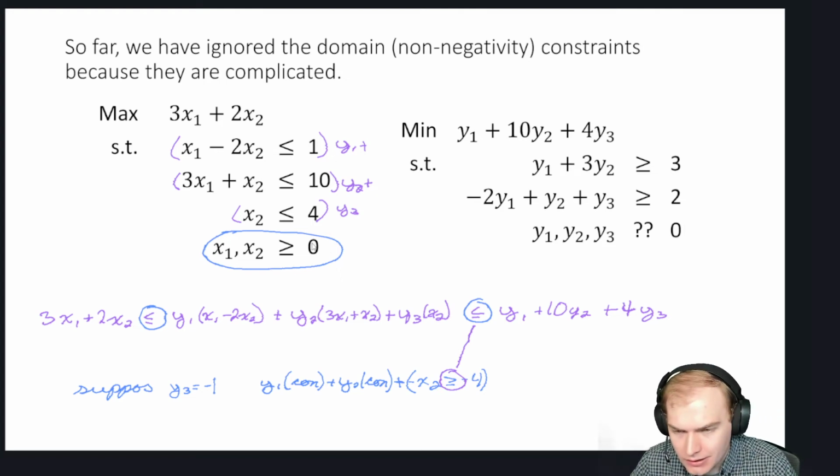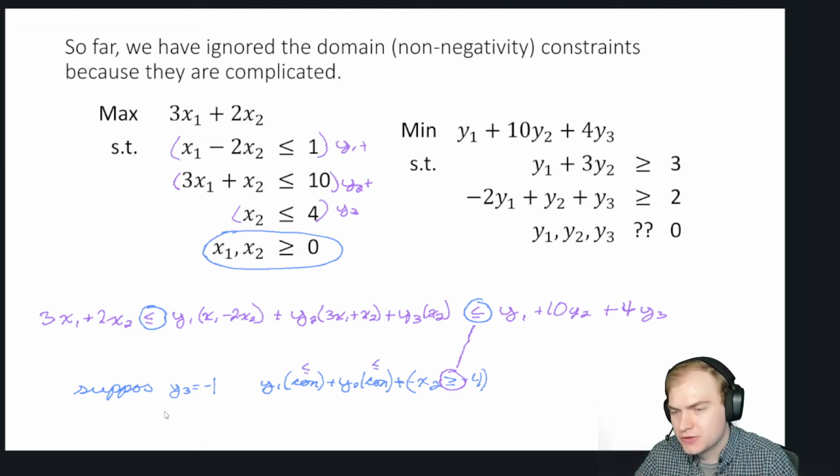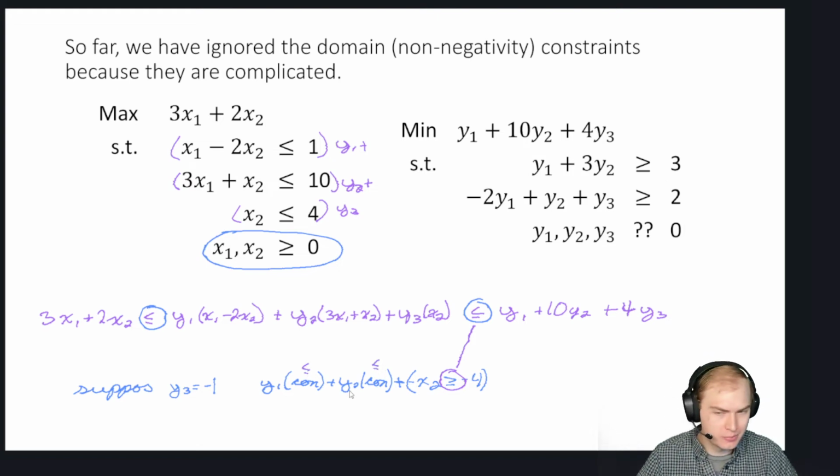Because the first two, assuming y1 and y2 are also non-negative, still have a less than or equal to inequality in there. And you can't just add a less than or equal to and a greater than or equal to. It doesn't work.